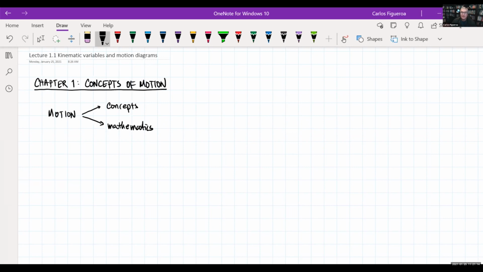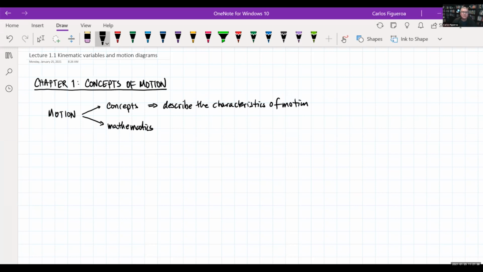Chapter 1 is about the concepts. When I say concepts, what I'm trying to do here is describe the characteristics of motion.